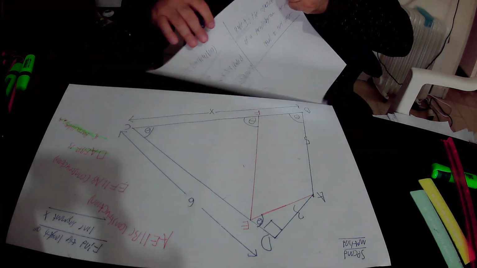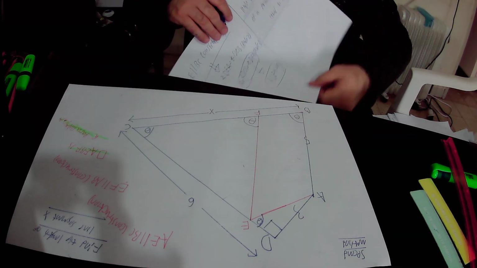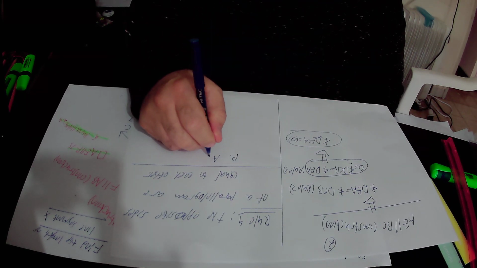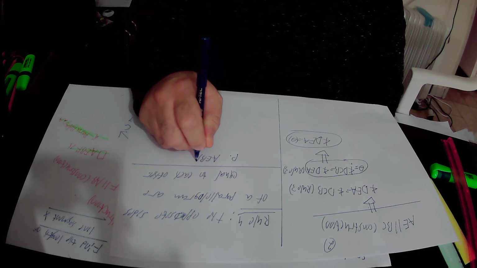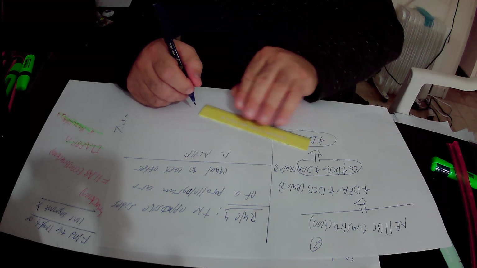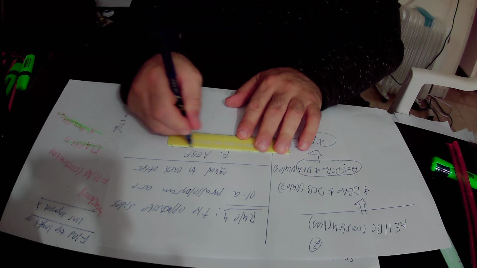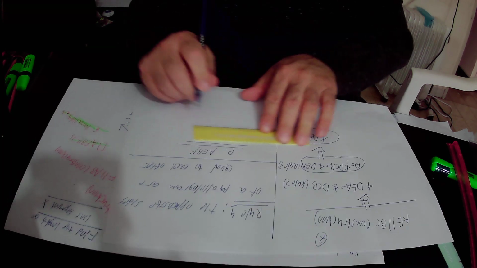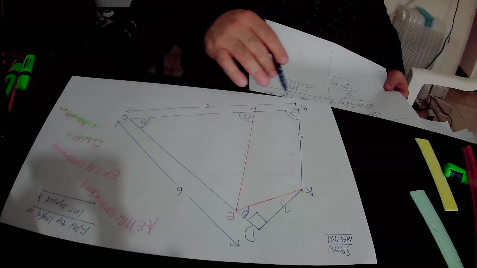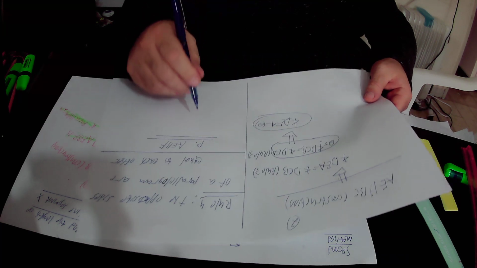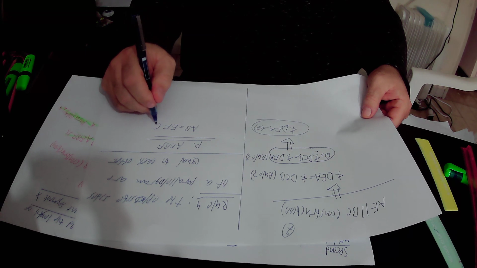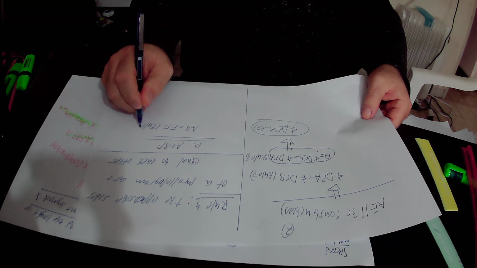So if we focus on parallelogram AEBF, if the letter P is the abbreviation for parallelogram, in parallelogram AEBF, according to rule number 4, AB equals EF. AB equals EF according to rule number 4, that the opposite sides of a parallelogram are equal to each other.